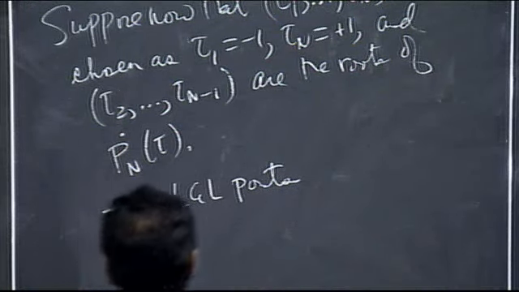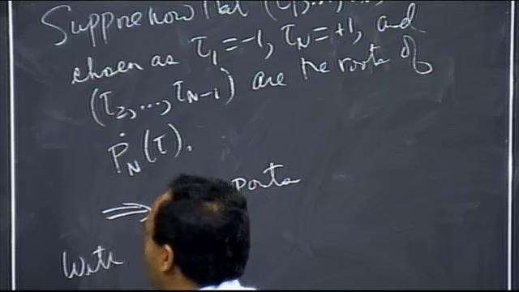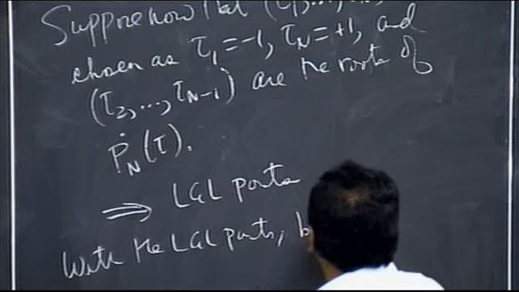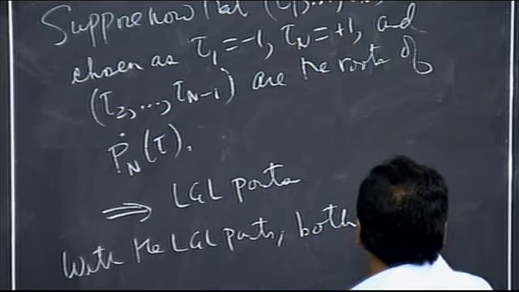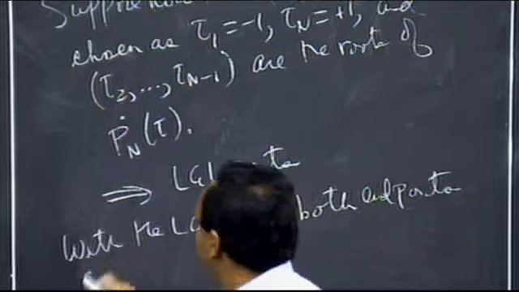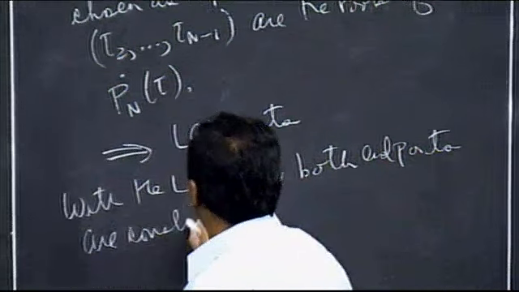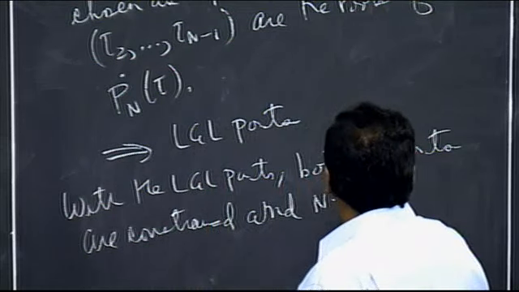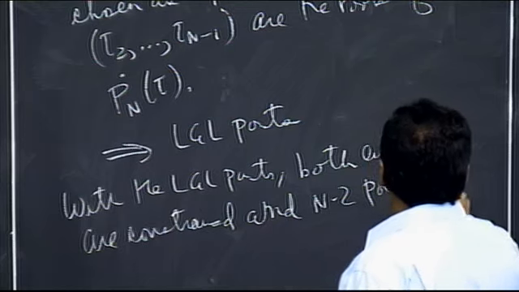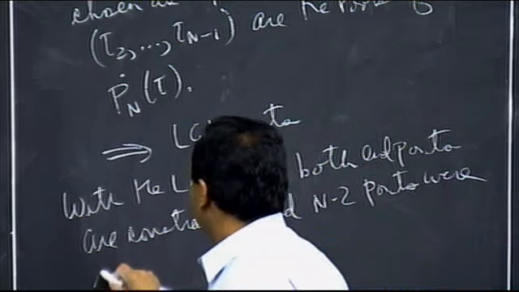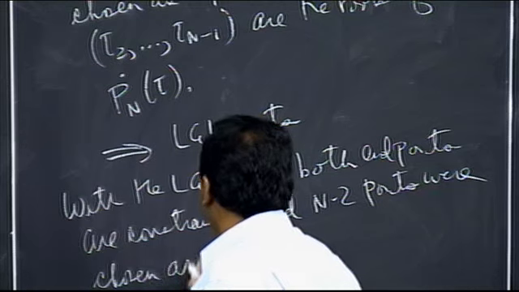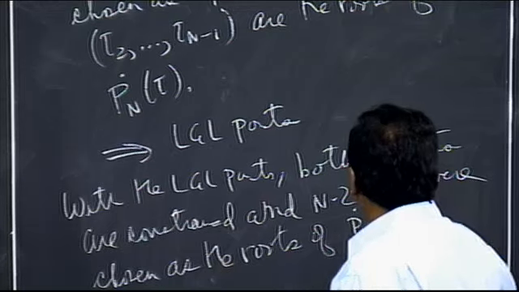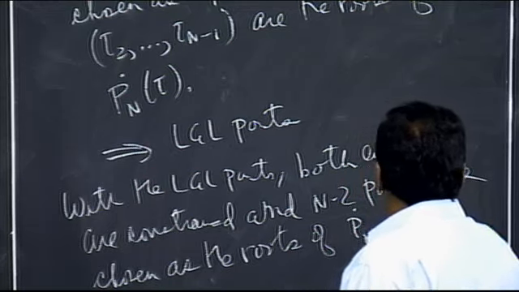Now, with the LGL points, both endpoints are constrained, and n minus 2 points were chosen as the roots of p dot n minus 1 of tau.